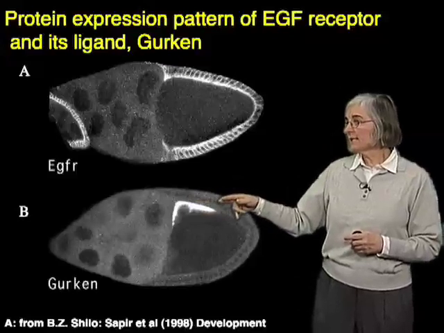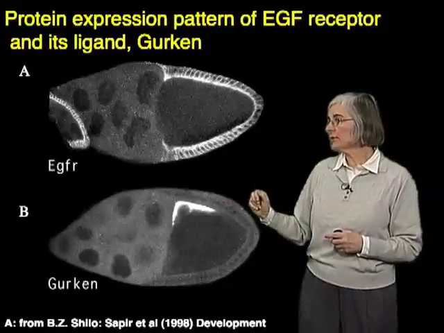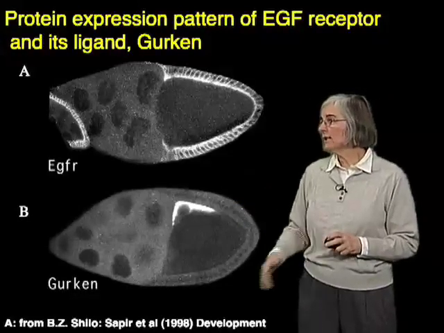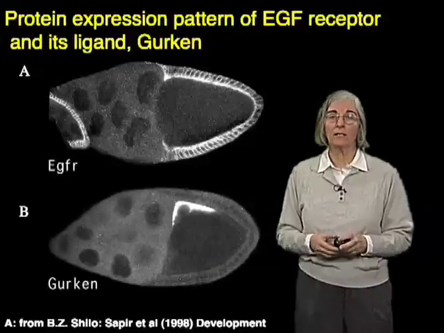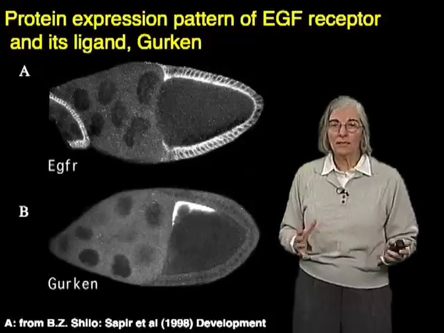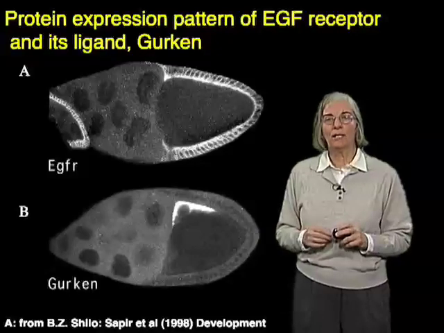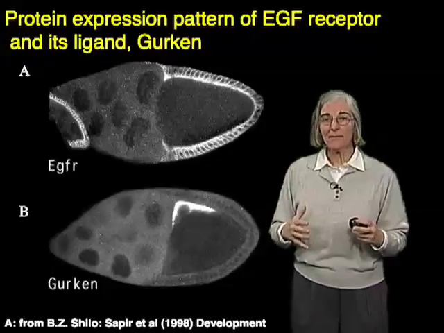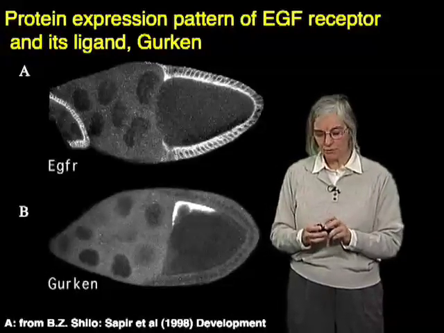These follicle cells that see high levels of this Gurken molecule will activate the EGF receptor, and that will lead to the expression of certain target genes. These target genes will not be activated on the ventral side, where the follicle cells don't see high levels of the Gurken protein. So we can start to understand how this dorsal-ventral asymmetry that arises in the germline is then signaled to the follicle cells and is used to create dorsal-ventral asymmetries.